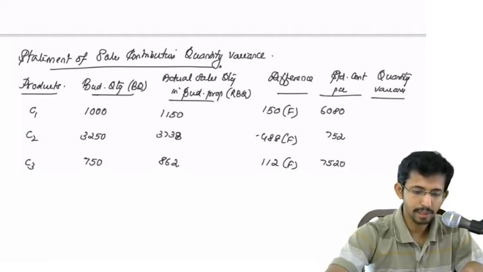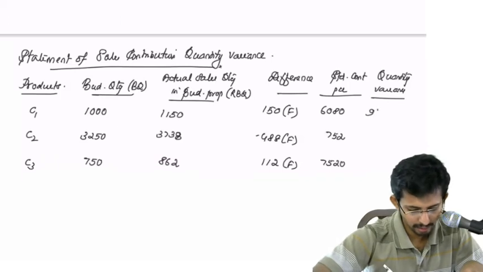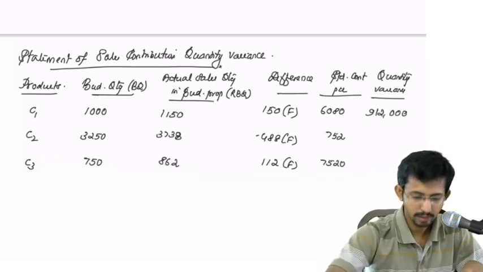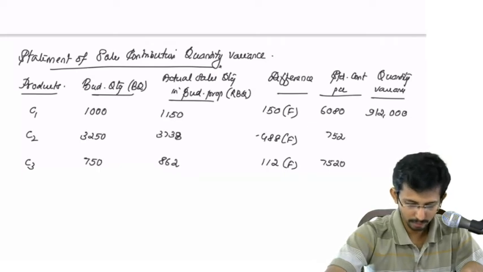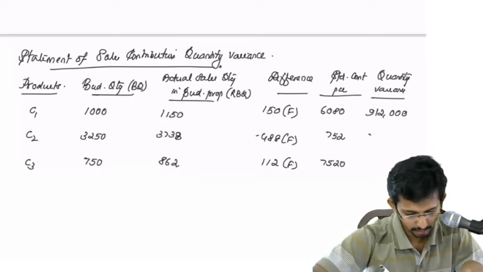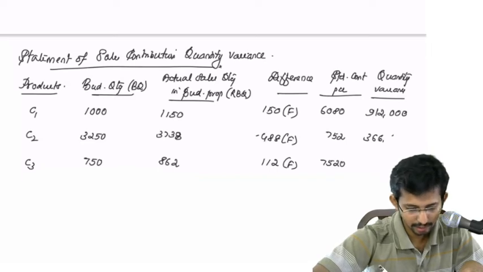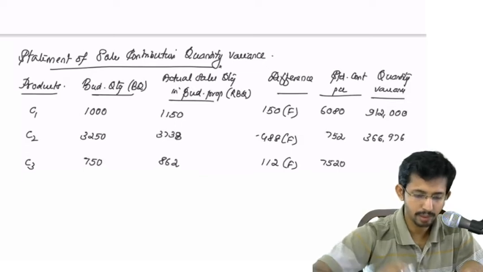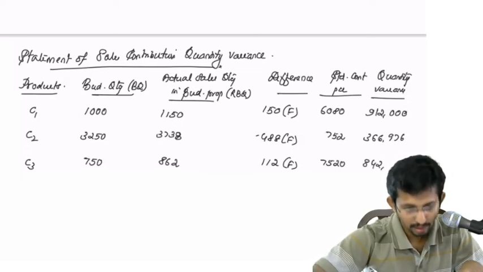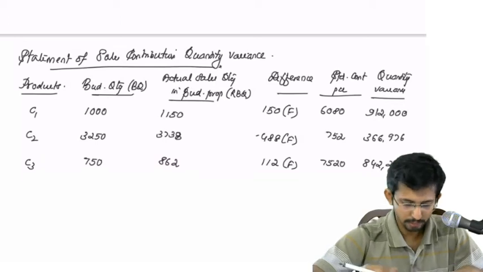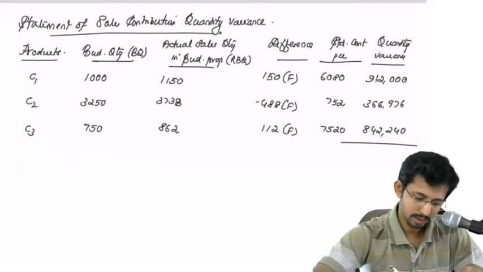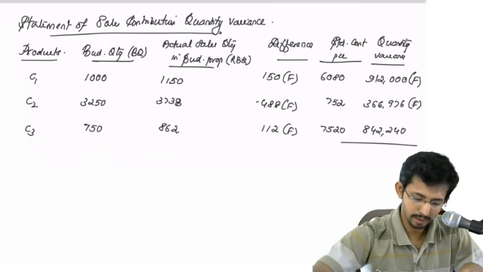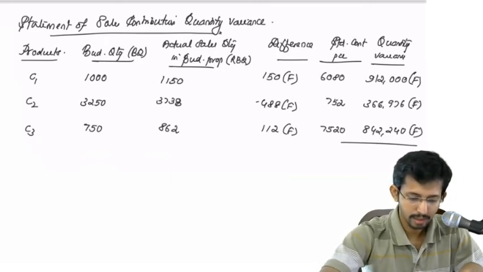150 into 6080 will give you 9,12,000. Then 488 into 752 will give you 3,66,976. 112 into 7520 will give you 842,240. So this is favorable, this is favorable, this is favorable. 912,000 plus 366,976 plus 842,240.